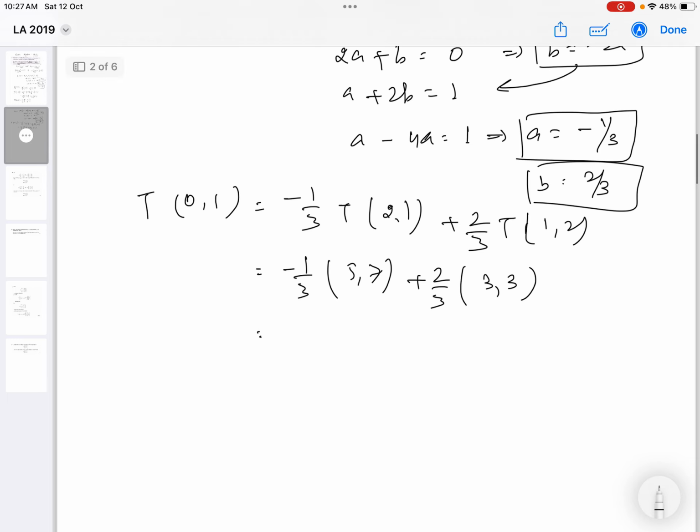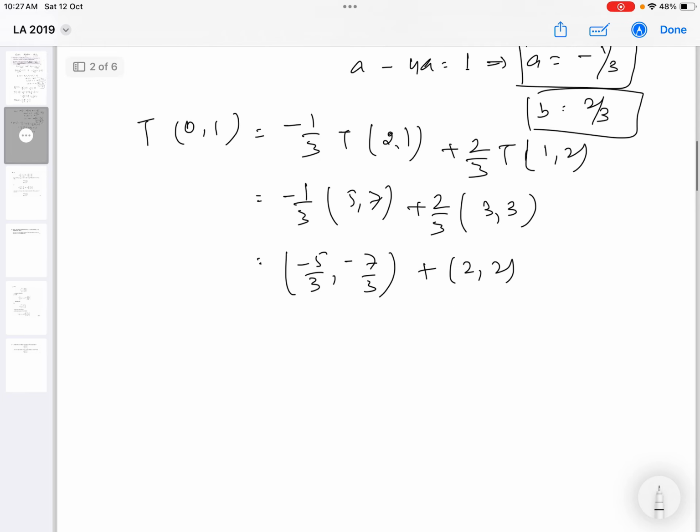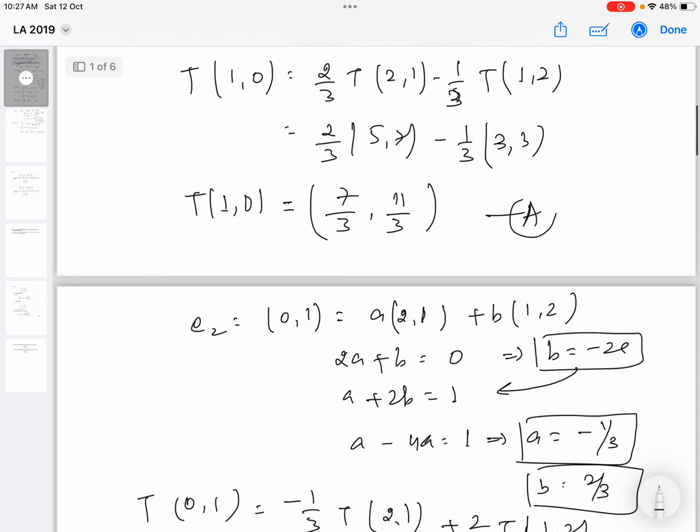If I do this, it will come out to be minus 5 by 3 plus 2, minus 7 by 3 plus 2, which is 1 by 3 and minus 1 by 3. So this is a and this is b.